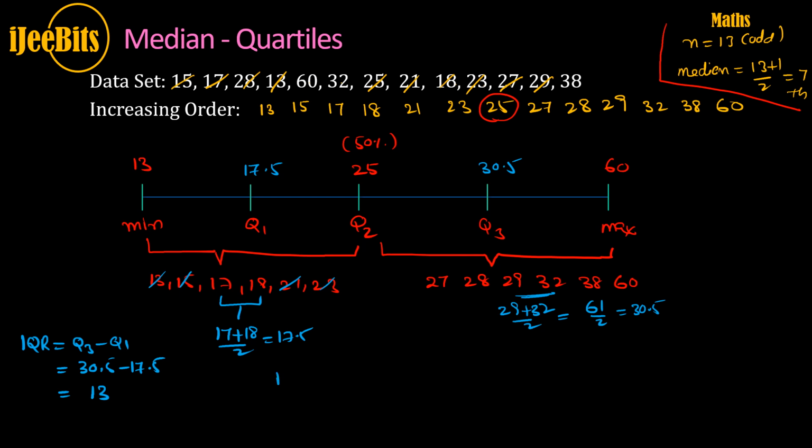So how are you going to calculate the actual range? The actual range can be calculated in two ways: Q1 minus 1.5 IQR to Q3 plus 1.5 IQR. So this is the lower limit and upper limit used to calculate the range. Now we know the Q1 value is 17.5, minus 1.5 times 13. How much?